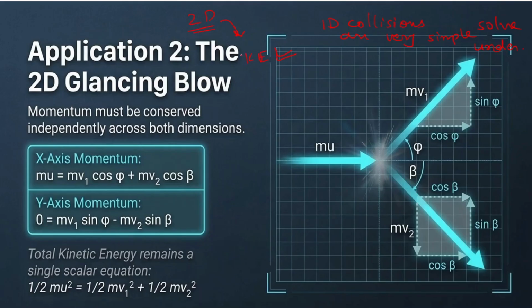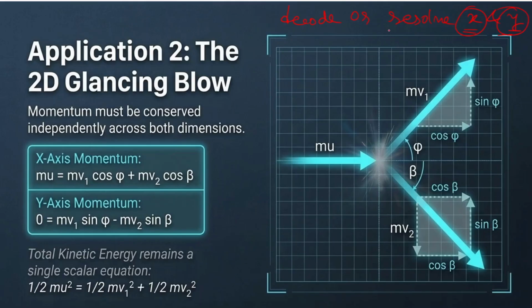But for the momentum conservation, we have to first resolve the vector in the x direction and the y direction. And then we have to compare it.